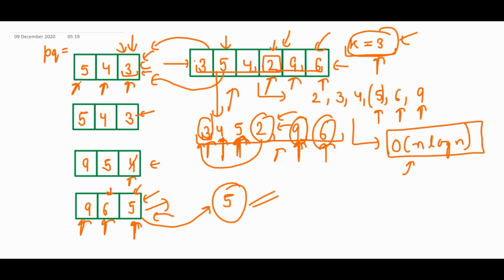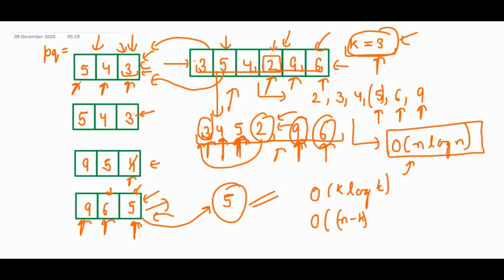So what will be the time complexity here? Time complexity will be O(k log k) for adding k numbers into the priority queue. Then after adding k numbers, we are doing some operations with the n minus k numbers.